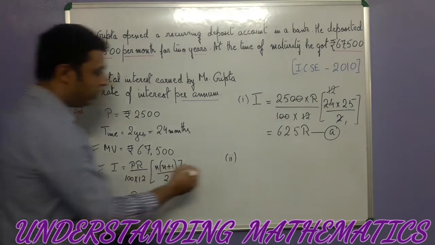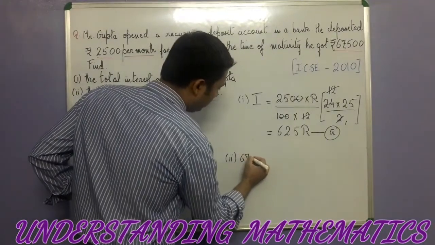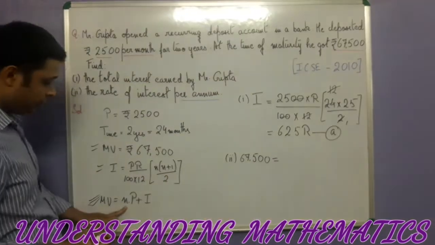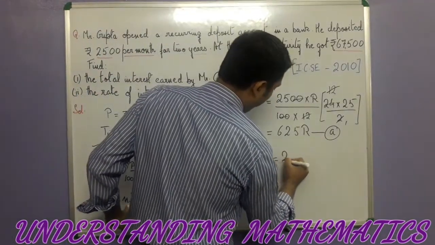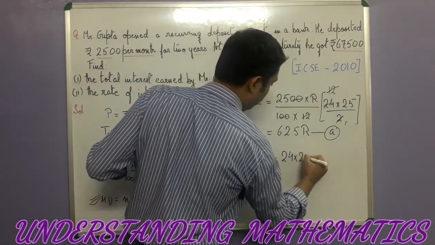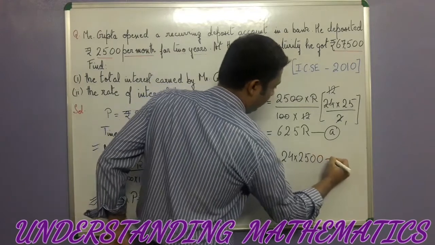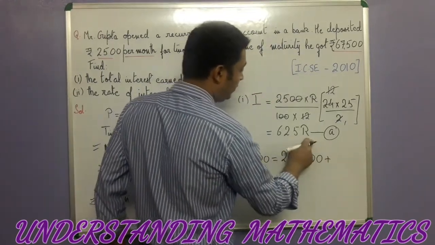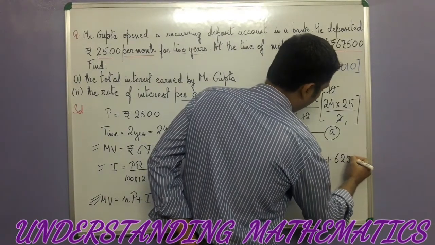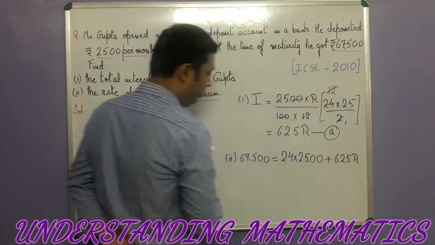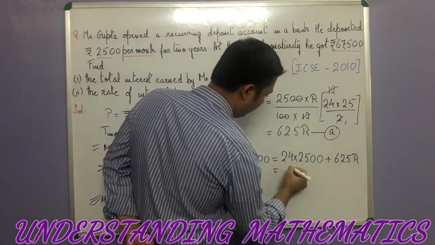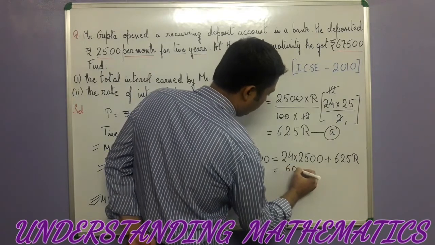In place of MV we can write 67,500 is equal to n into P plus I. n is 24, and P is already known to us, 2500, and I we have just now calculated as 625 R. So let us plug in this value. So this much is clear to you. It's an easy calculation, so you do it.